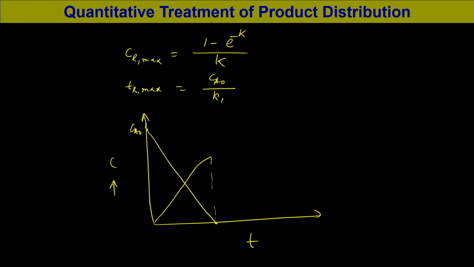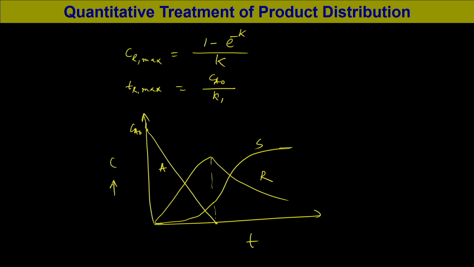So, this is the concentration of R, then R will drop like this. The concentration of S would slowly increase and it reaches like this. So, this is for S, this is for R, this is for A.